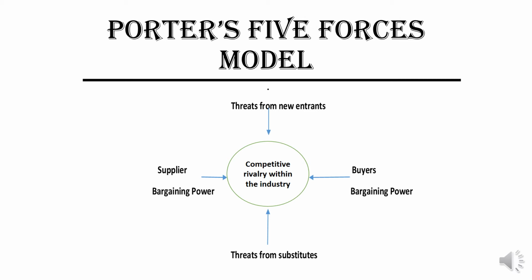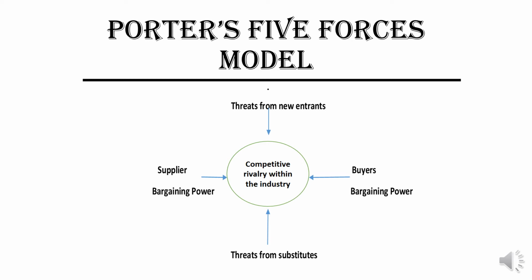That's the first force. Let us go to the second force, the threat from substitutes. Substitutes are products that take the place of another. For example, postal services can be replaced by courier services, emails, and fax machines. When substitutes are present, this greatly affects the industry. Why?